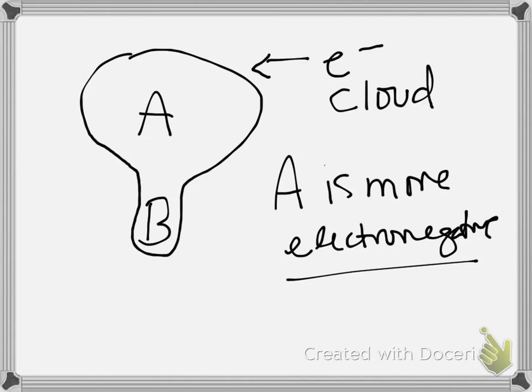Because electrons are negative, A's got this big bubble of electrons around it, like a swarm of hornets, like the bee beard stunt.